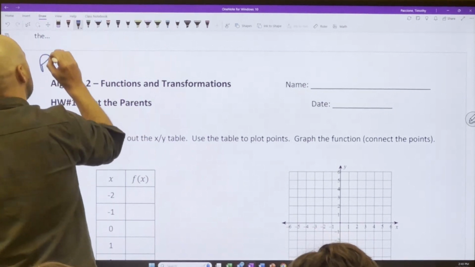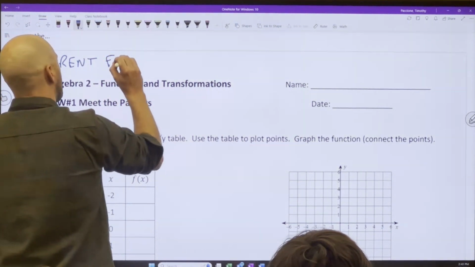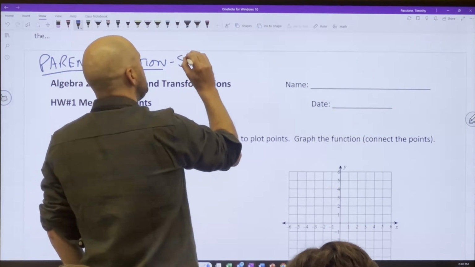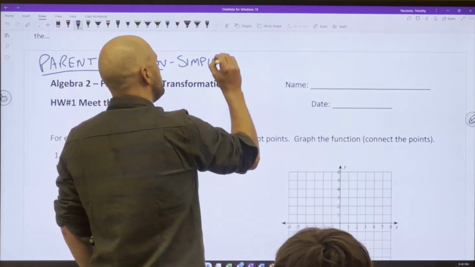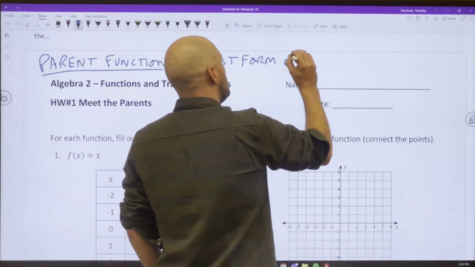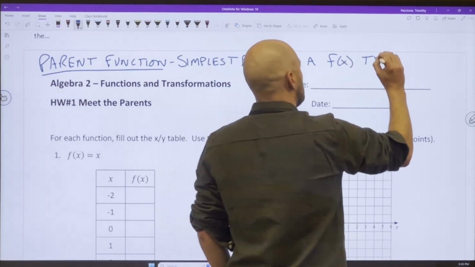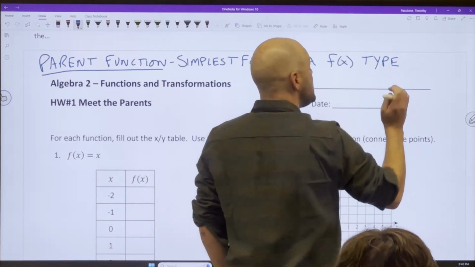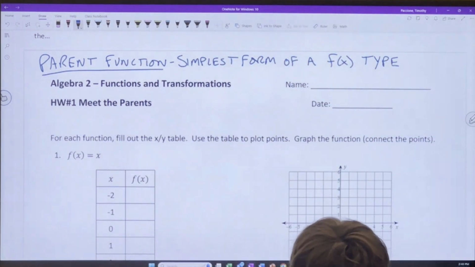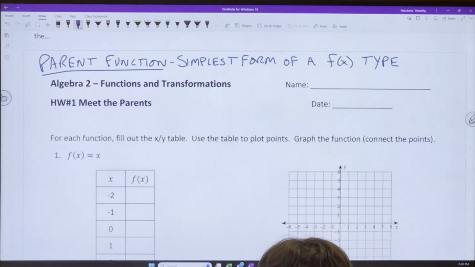So a parent function is the simplest form of a function type, right? So you have your different types, and then the parent is the simplest version of that, right? And I'll show you why with each example, okay?